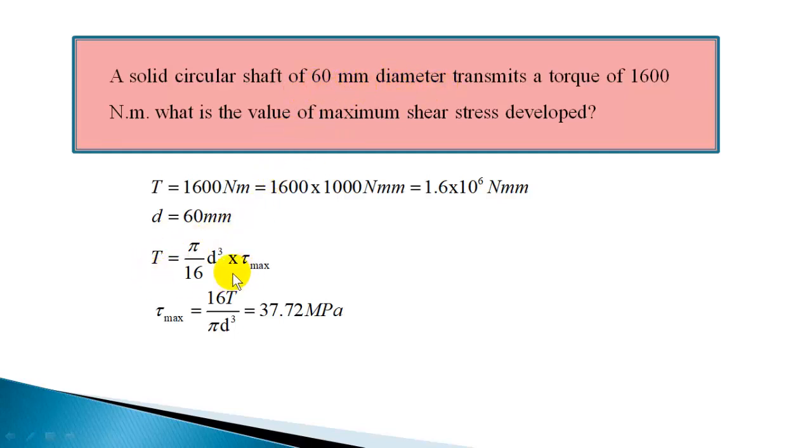So you have the relation T is equal to pi by 16 d cube into tau max, or tau max is equal to 16T divided by pi d cube, and we substitute for torque 1.6 into 10 raised to 6 and diameter 60. You will get the maximum shear stress as 37.72 megapascal. So this is the maximum shear stress developed on the surface.